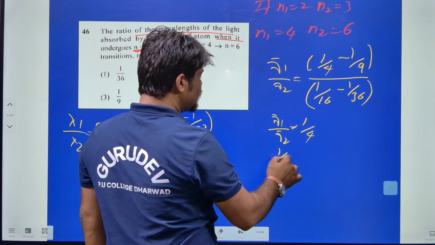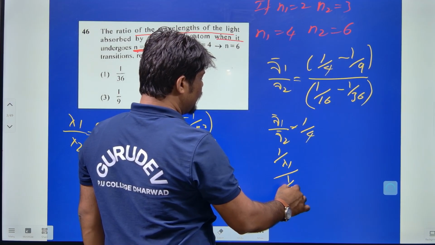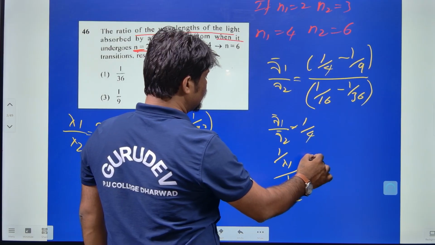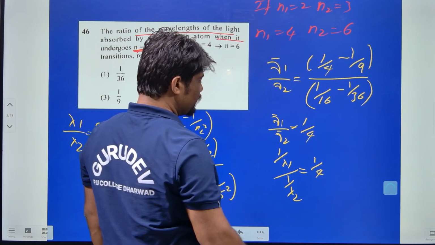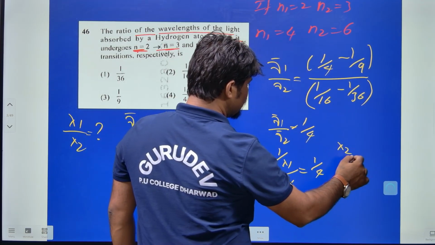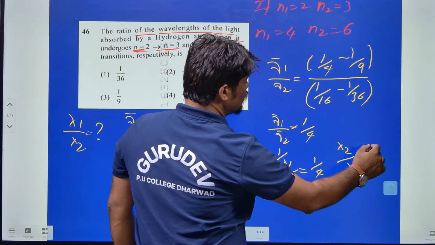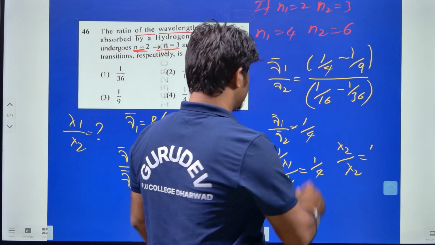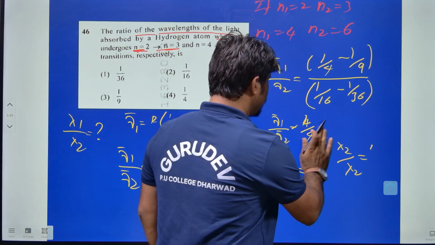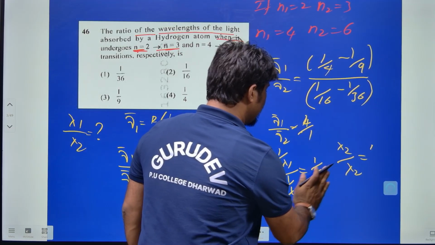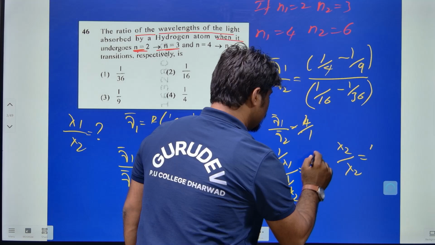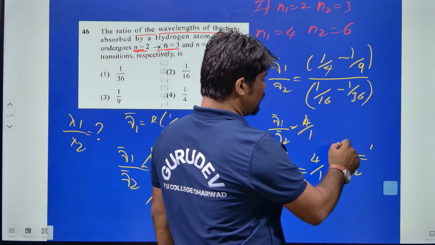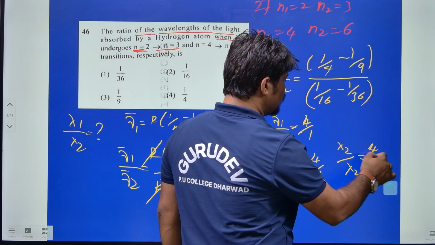So nu bar, that is 1 by lambda 1 divided by 1 by lambda 2, is equal to 1 divided by 4. Further simplification, lambda 2 divided by lambda 1 is equal to 4 divided by 1.